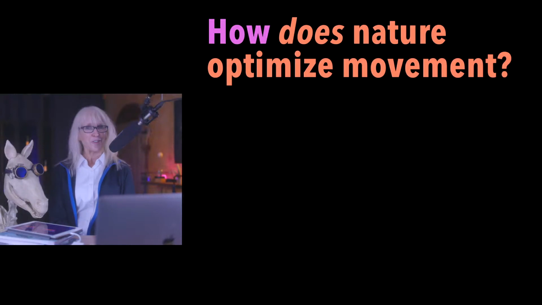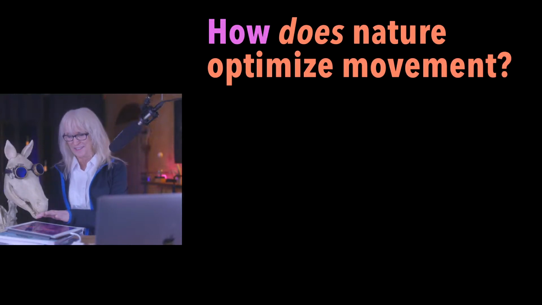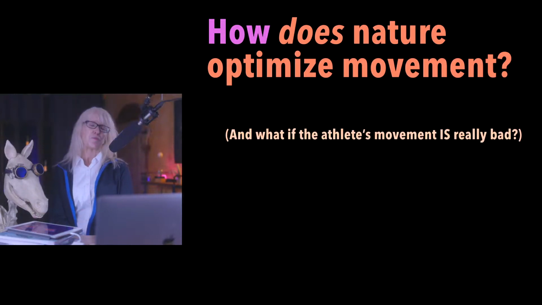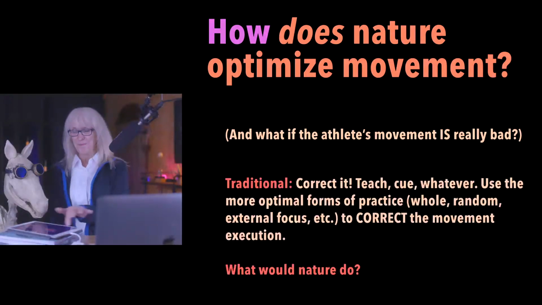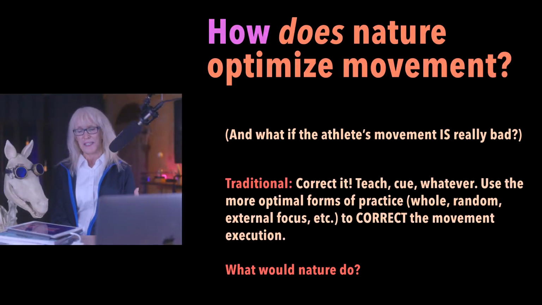So how does nature optimize movement? And what if the movement just is bad, right? So in a traditional approach, we would say, well, if the movement is bad, then we're going to fix it, right? We're going to correct it.